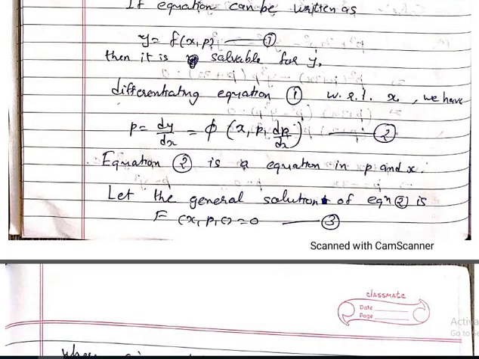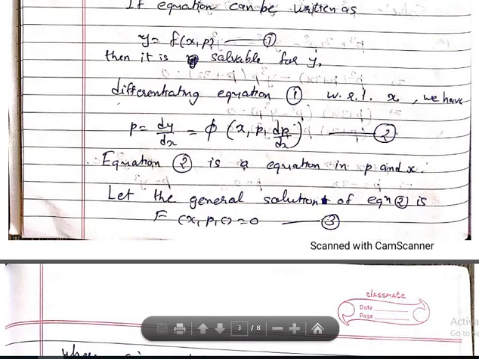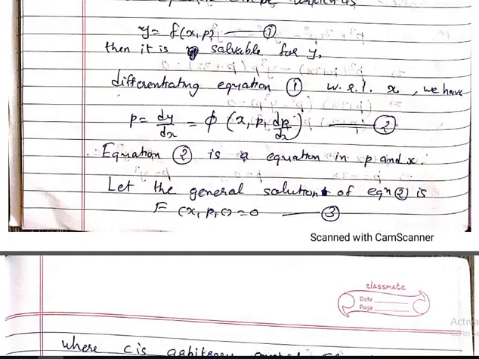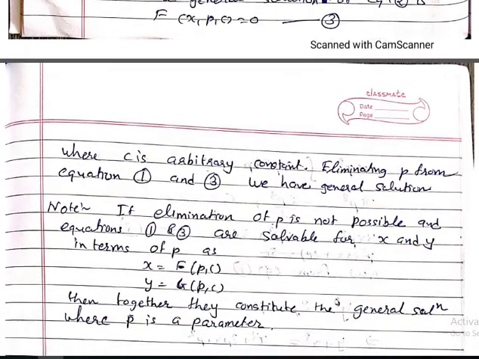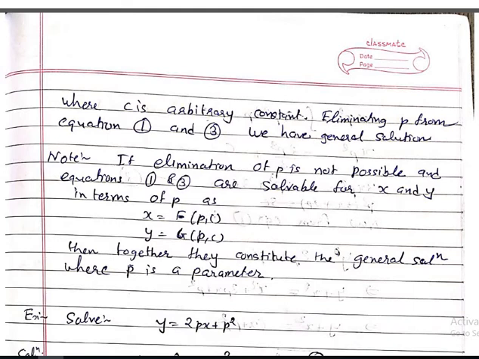Now from equation 1 and equation 3 we are going to eliminate p, where c is an arbitrary constant, and after eliminating, whatever solution we have is called the general solution of equation number 1. Suppose the separation is not possible, that means you cannot reduce p.